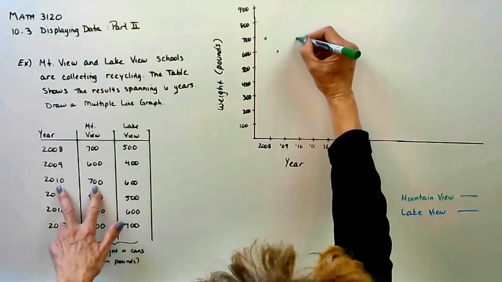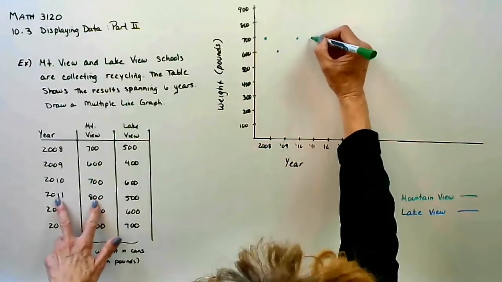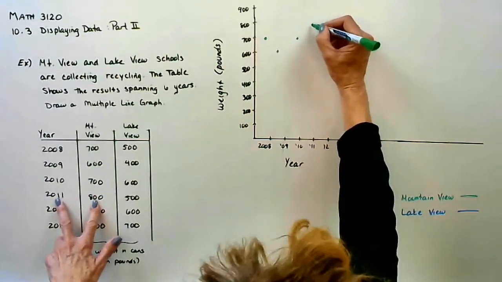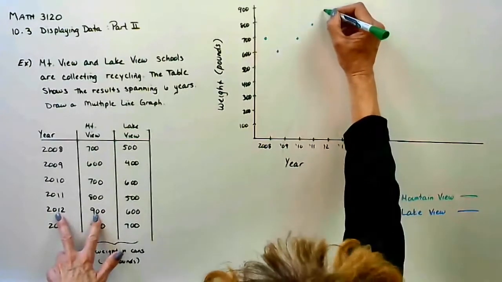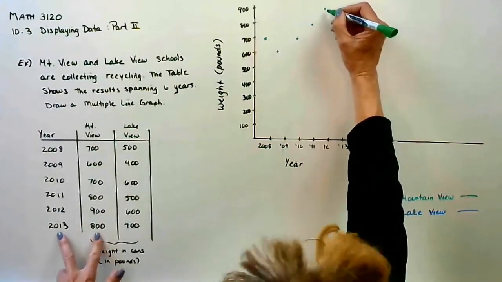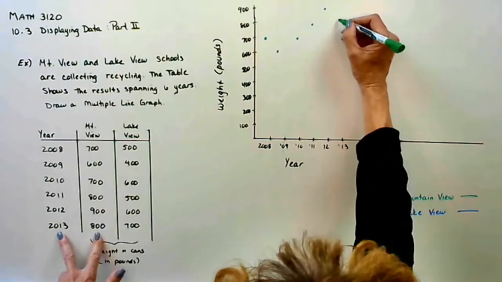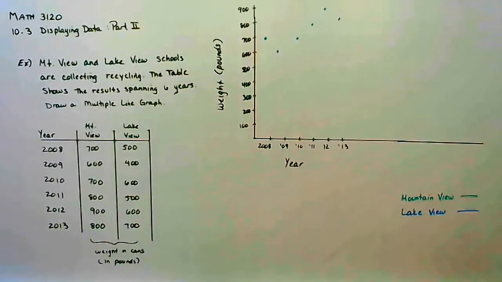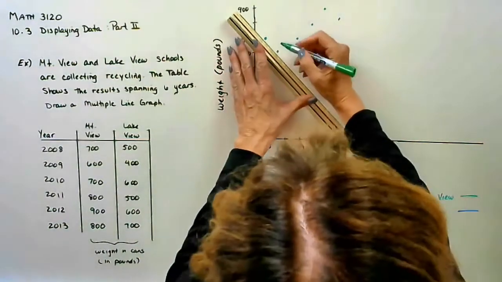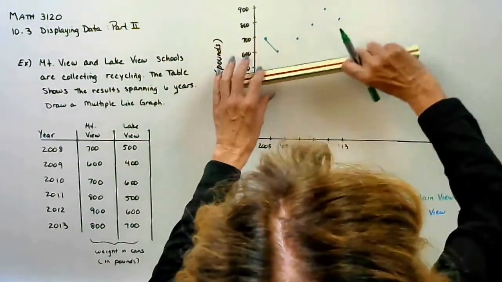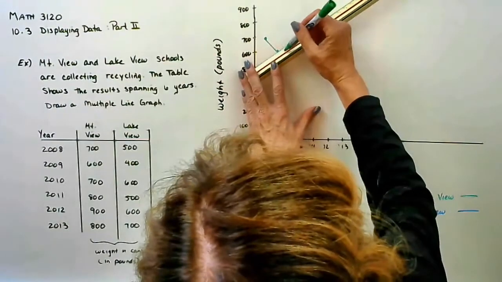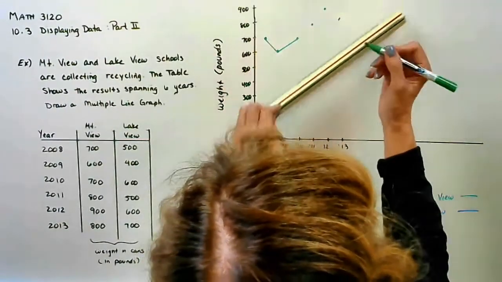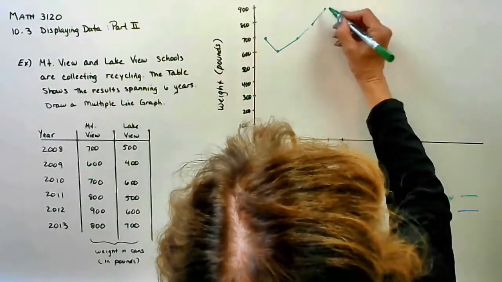Mountain View for the year 2008, they collected 700 pounds of recycling cans. 2009, 600, 2010, back to 700, 11 was 800, 2012, wow, 900, 2013 dropped back down to 800.